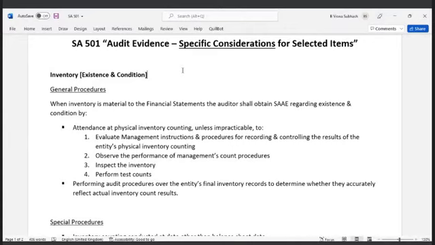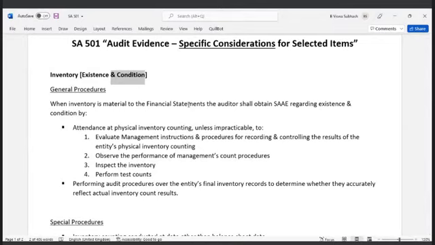But this standard specifically puts emphasis on inventory because that is the lifeline of an organization. It is the one that is bringing the bread and butter for that organization. So we need to ensure that the inventory is actually existing, and also the existing inventory must be in good condition. These two things are very important.